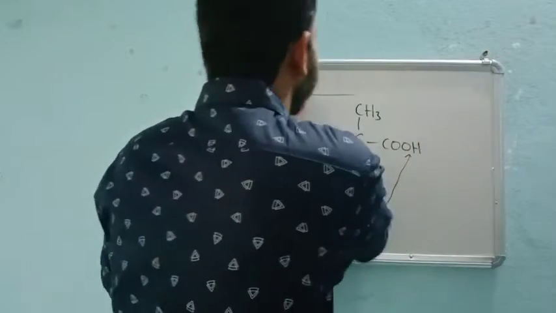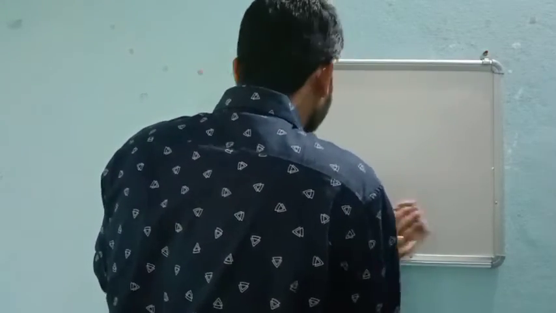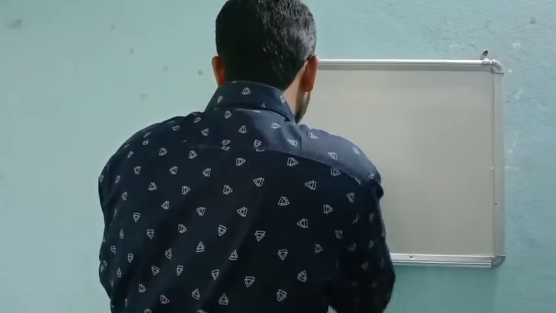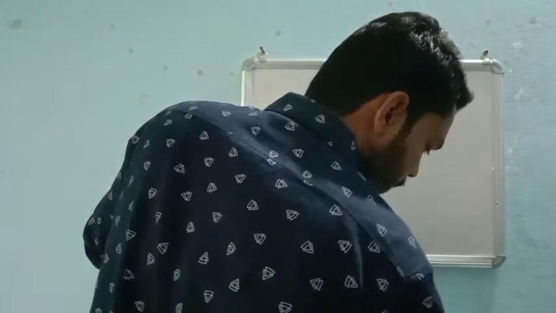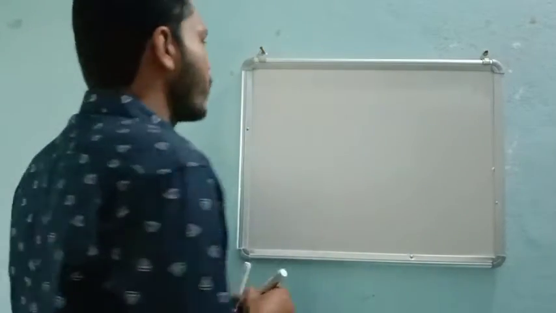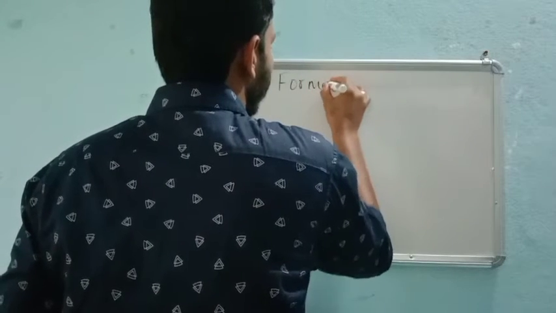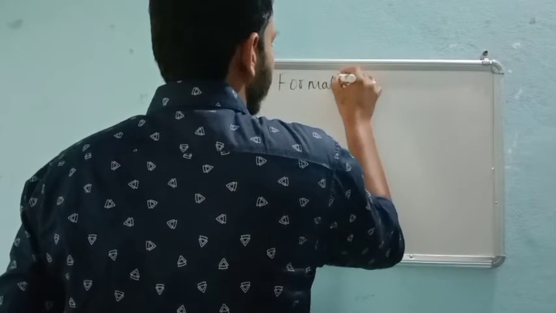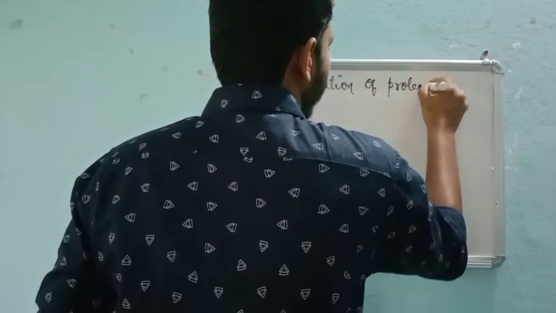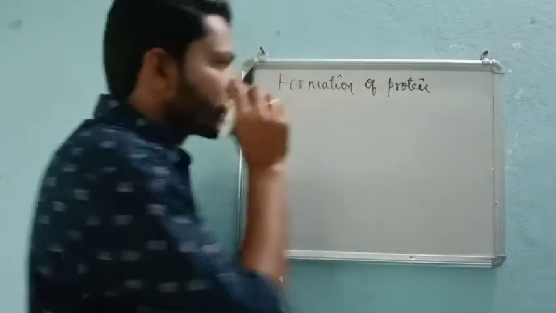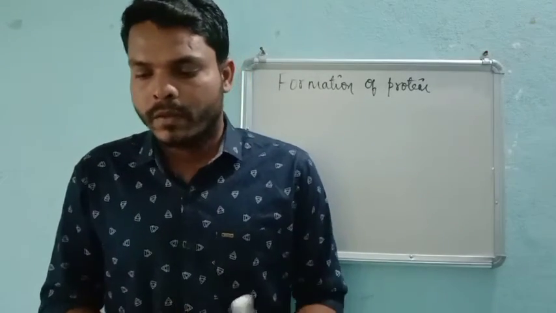Next, after this, we will see the formation of protein, how protein formation takes place. Already we know protein has a peptide bond. So how does this protein formation take place, we will see.